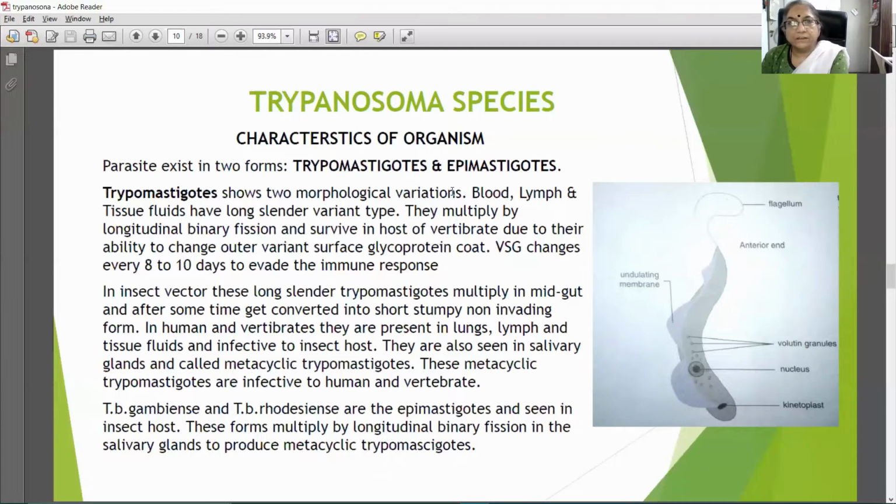Now we'll see the Trypanosoma species. This parasite exists in two forms, that is trypomastigote and epimastigote. Now trypomastigotes show two morphological variations.